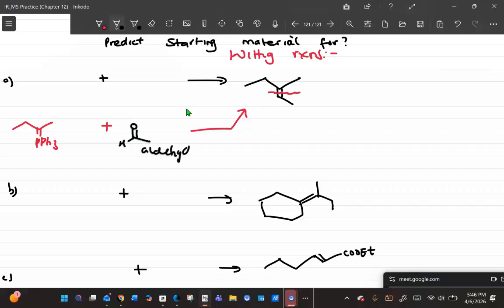Alternatively, I can make the bottom part my ylide. That's what I did. I started from the bottom. I know most people will do this top part, and then make that the carbonyl. So there are two ways to do it.